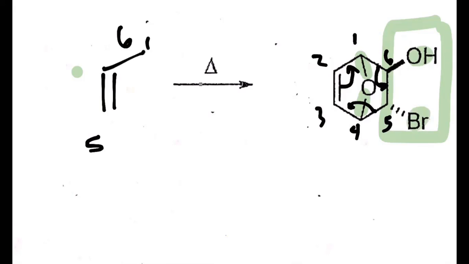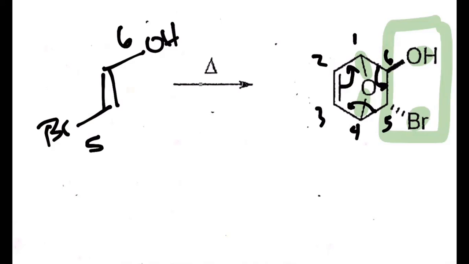It doesn't matter which trans isomer you draw. Whether you put the bromine on this side and the OH on this side, it doesn't matter. But we know that it has to be trans because what's the term again about the reaction? It's always what?